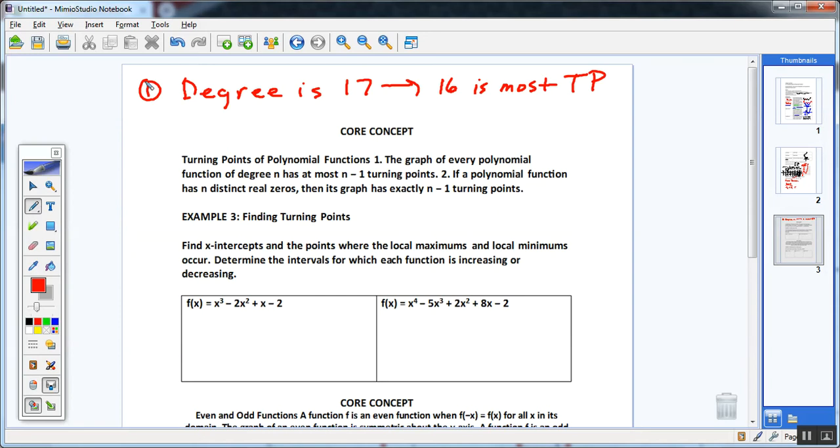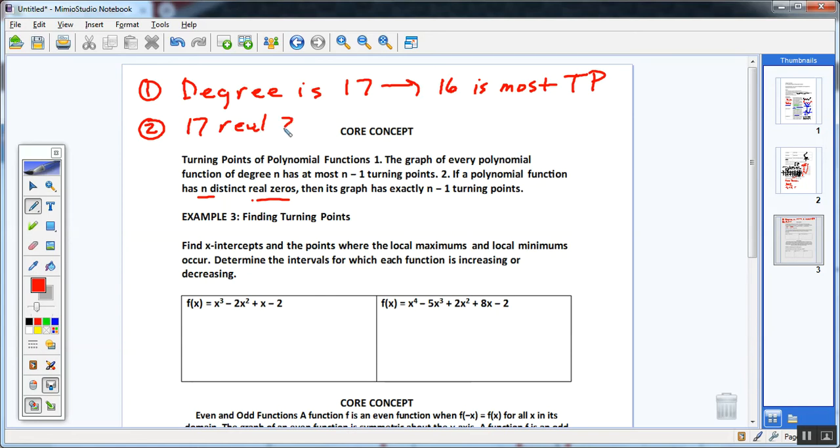The second one says if a polynomial has n real zeros, then it has exactly n minus 1 turning points. So again, here's the deal. Suppose my function of degree 17 has 17 real zeros.